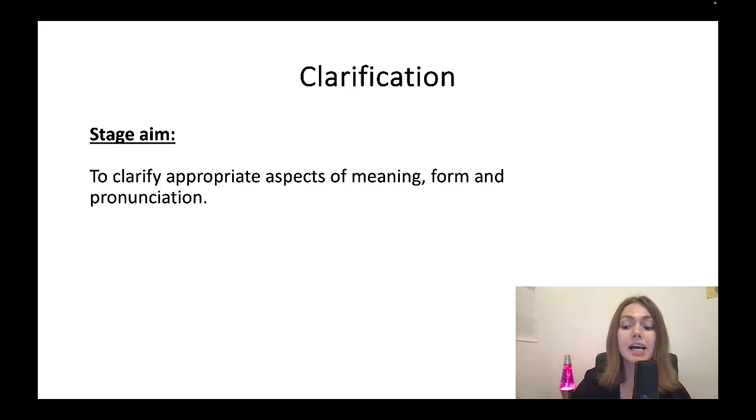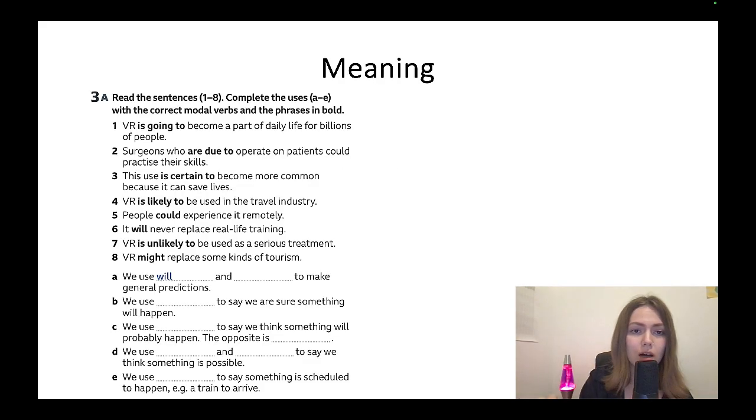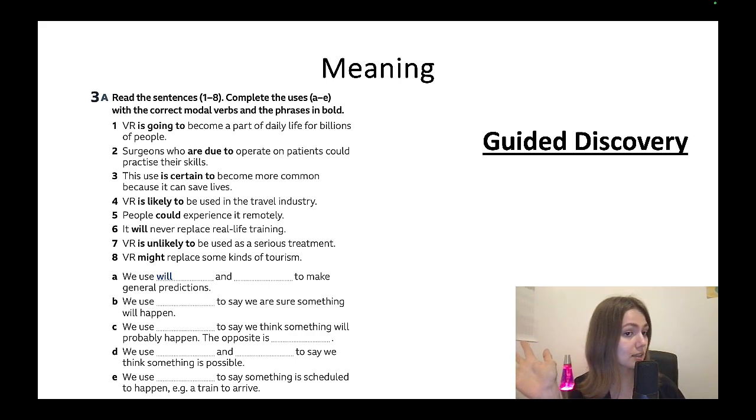For example, this is what the book suggests they do for meaning. It's a little gap fill thing. They look at the sentences, they have some rules there, and then based on the context that you've already established, because they've already read the text, they're going to gap fill with the words or phrases based on the text they've read. A task like that you'd call a guided discovery task.